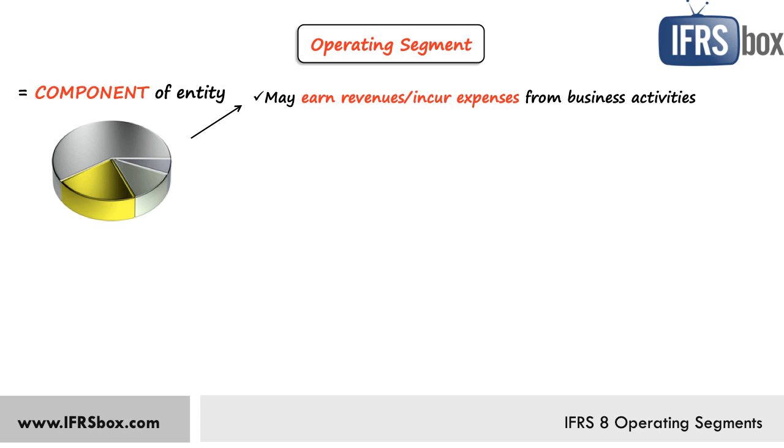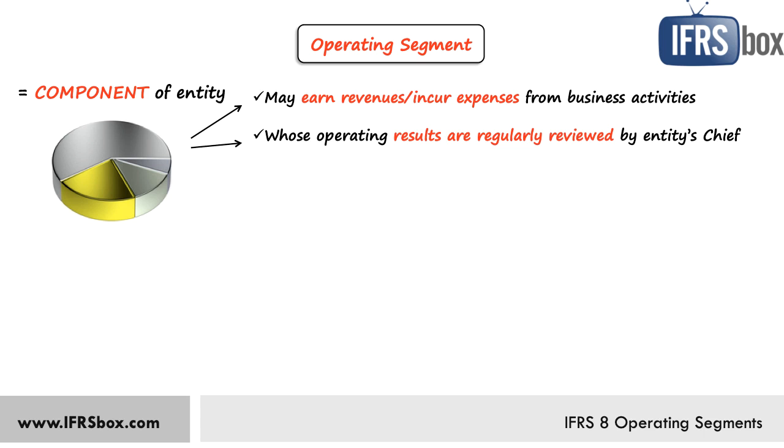The segment's results must be regularly reviewed by the entity's chief operating decision maker, who makes decisions about the resources to be allocated to the segment and assesses its performance. And this chief operating decision maker is a function, not necessarily a person. So it can be management board, CEO, CFO, or division manager, or someone else.